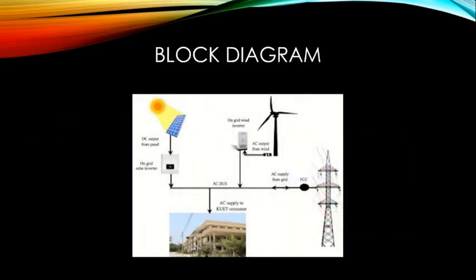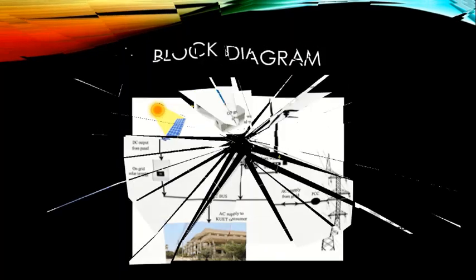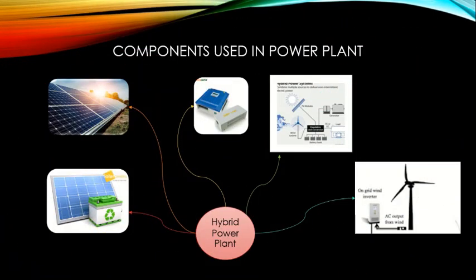In the block diagram, we see solar panel, controller, batteries, inverter and wind power plant. We see their functions one by one. So first one, solar panel. It converts sun rays into electrical energy. Second one, controller.